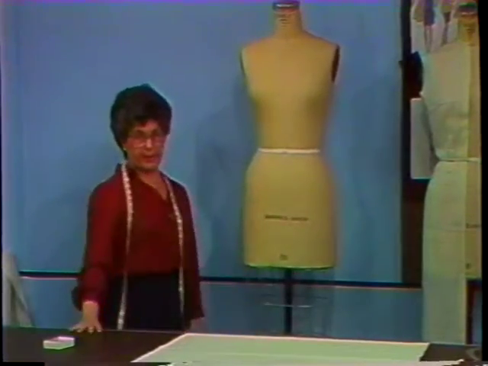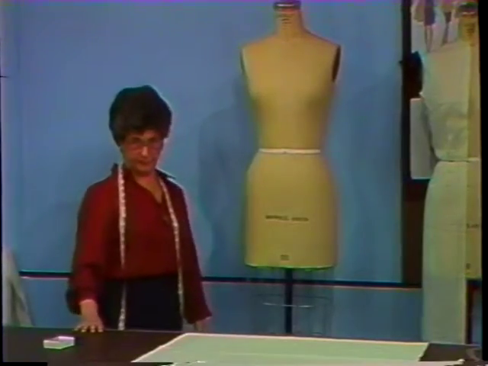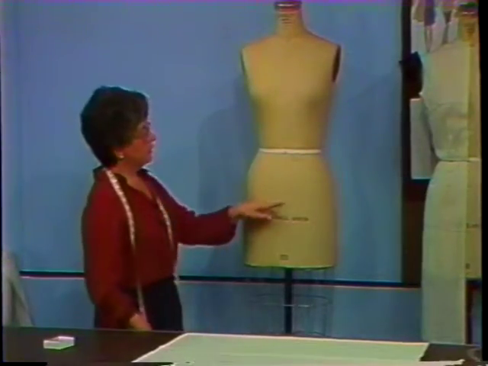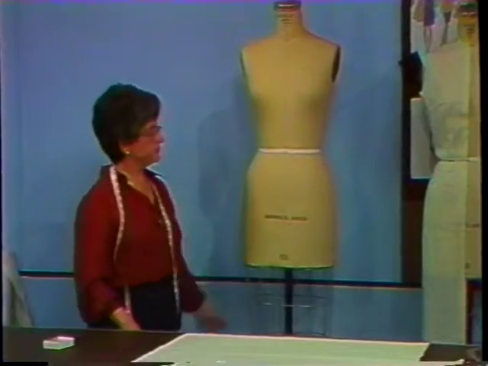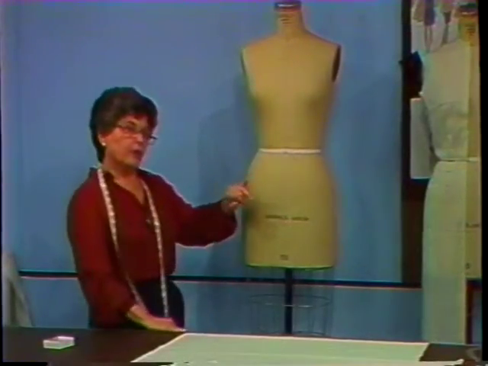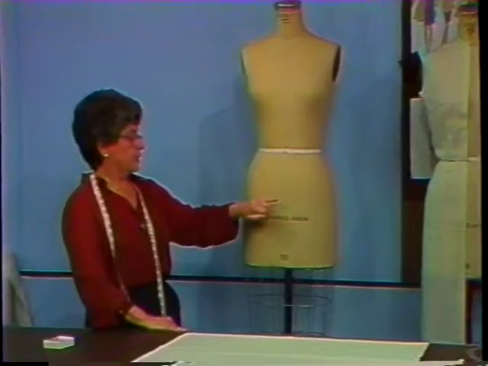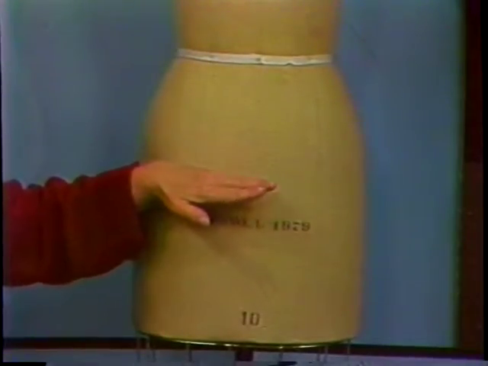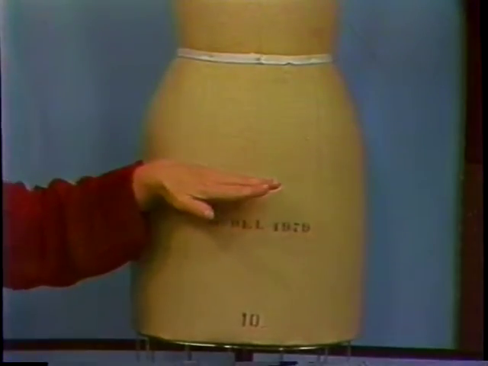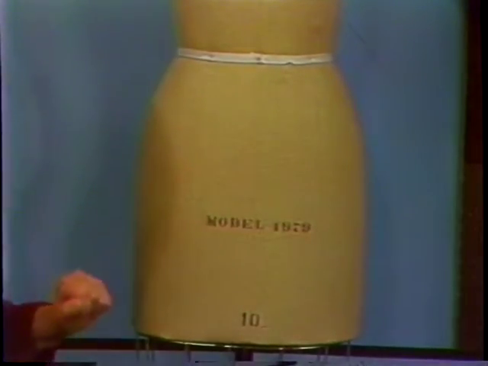And locate the widest point of the hip by measuring from center front around to center back. On the average, the 7-inch level has been found to be a good wide point location.